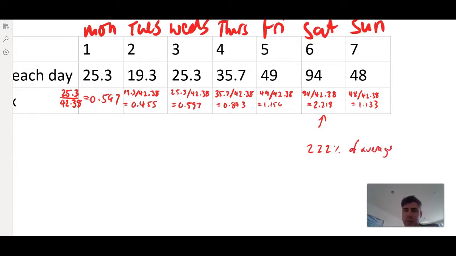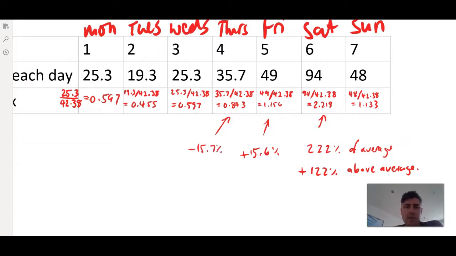Okay, or another way of looking at it is it's 122% above the average, which is a fairly substantial increase. Okay, similarly, this one is 15.6% above. This one here is 15.7% below the average if we deduct that from 100. So a whole number 1 would be exactly on average.